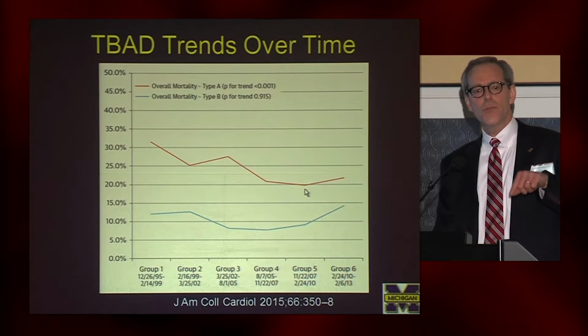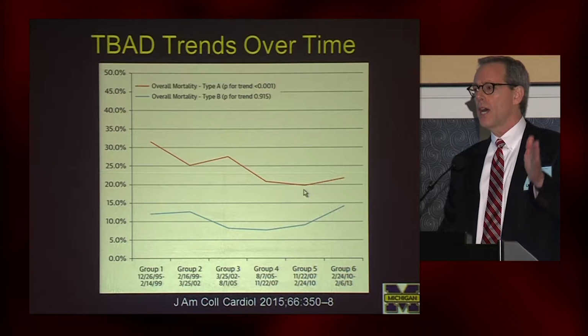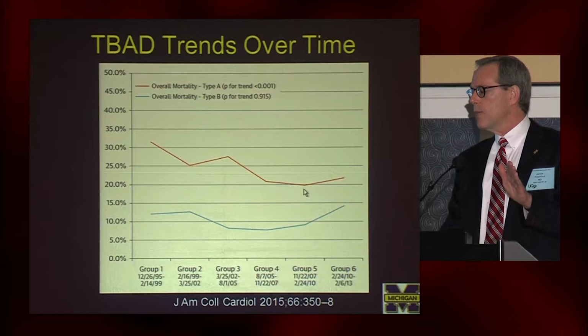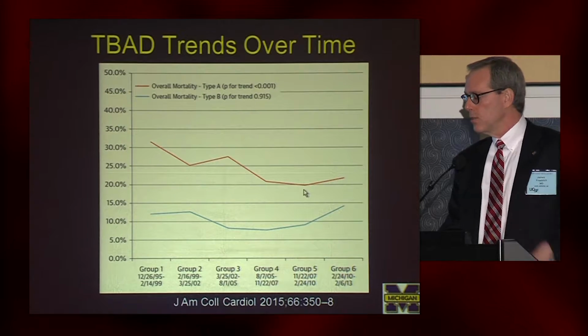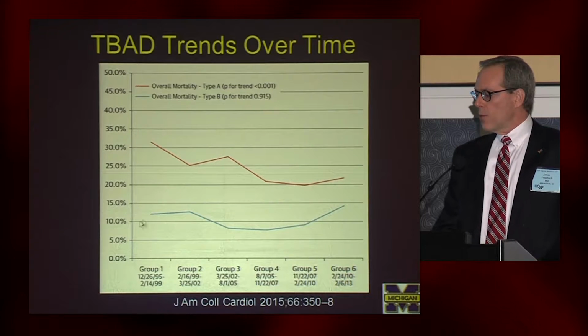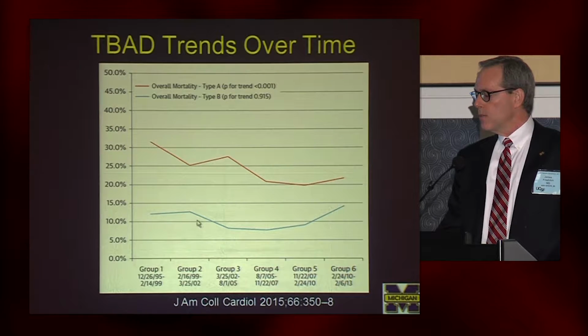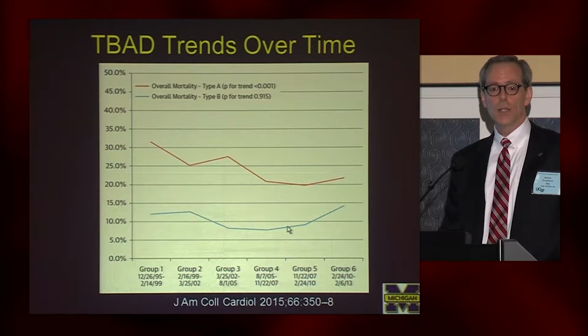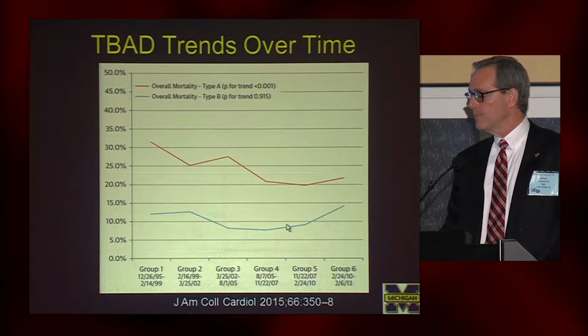And that's in spite of the fact that, or maybe because of the fact that, we're operating on these people more promptly, which I didn't show in this slide. Frustratingly, when you look at the type Bs, there's really been very little change over the last 17 or 20 years in terms of in-hospital mortality, which has really hovered around 10%.